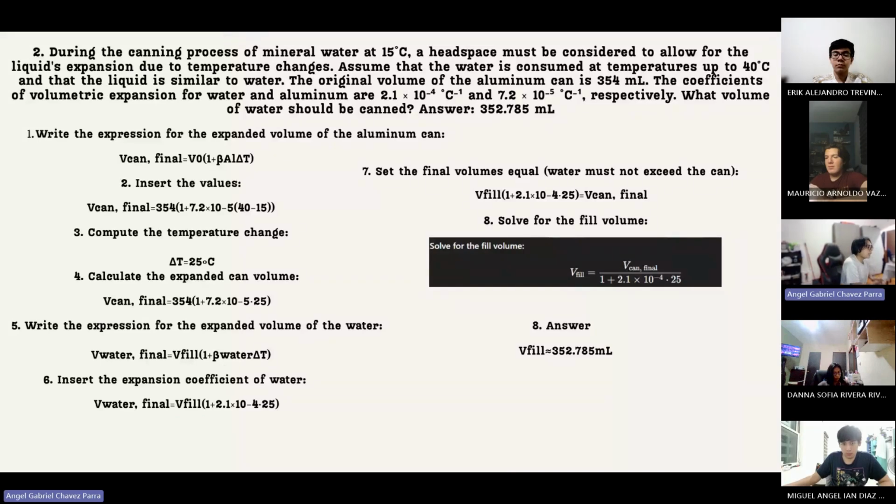During the canning process, headspace must be considered to allow for liquid expansion. The temperature change assumes the liquid is consumed at temperatures of 40 degrees and the liquid is similar to water.